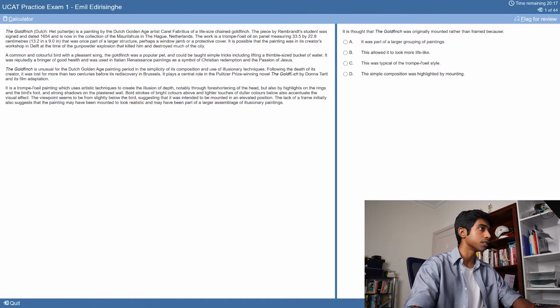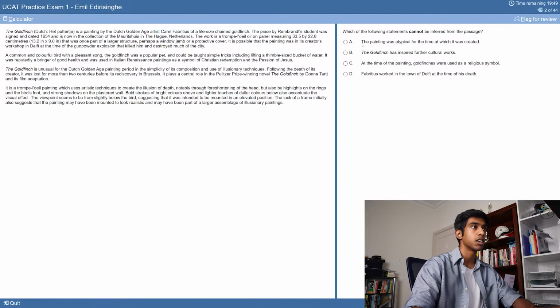Unusual painting, so create the illusion of depth. Okay, so the viewpoint seems to be slightly below the bird, suggesting that it was intended to be mounted in an elevated position. Mounted to look realistic and may have been part of a larger assemblage. Okay, so it's allowed to look more lifelike.